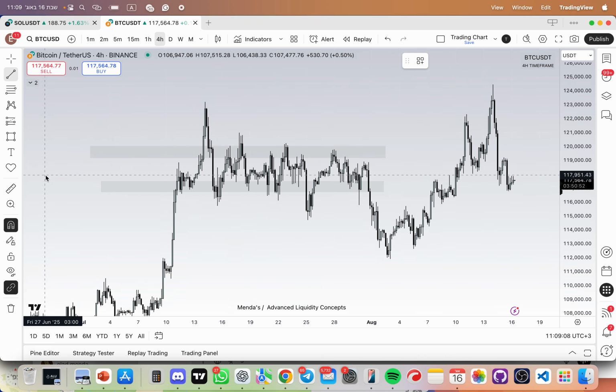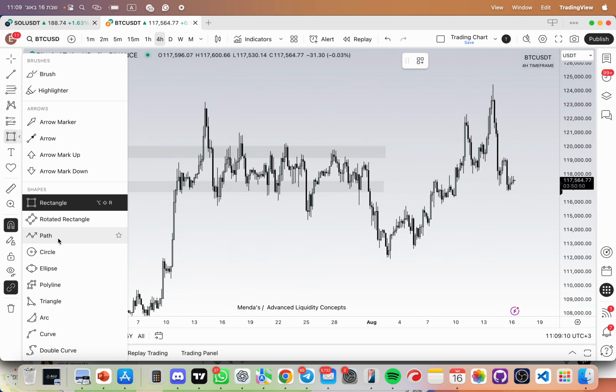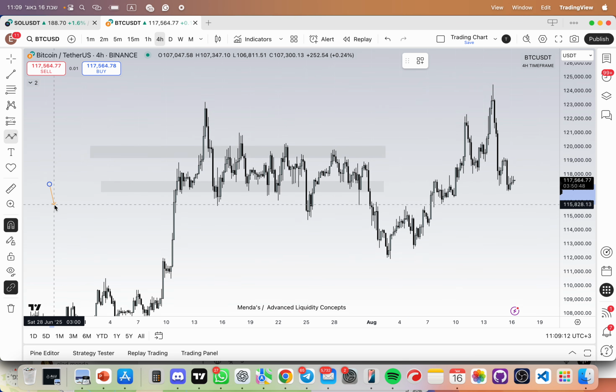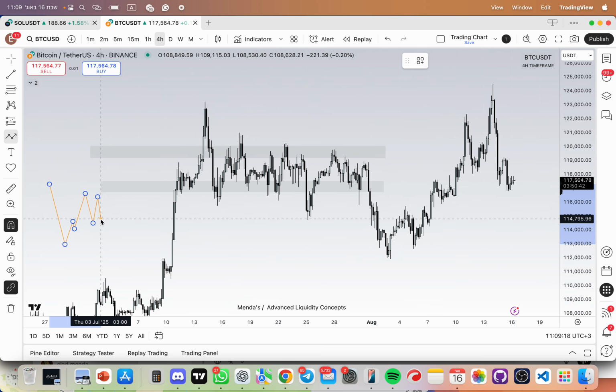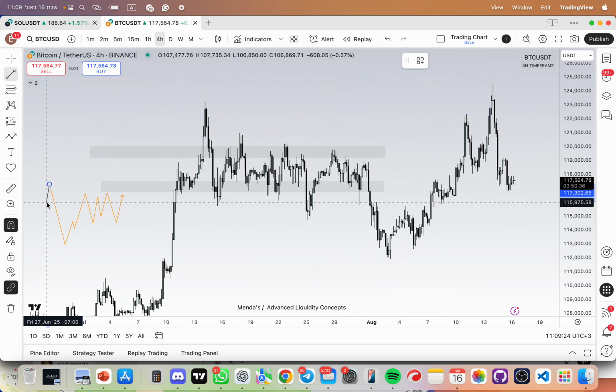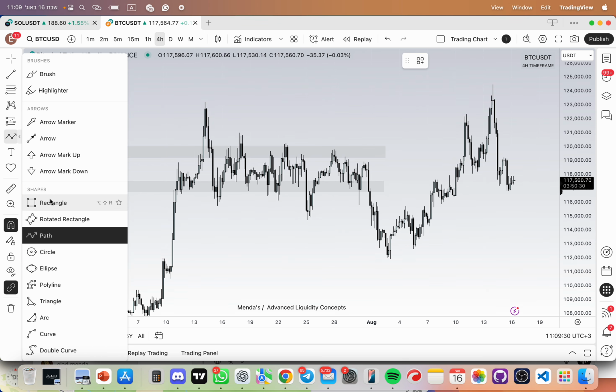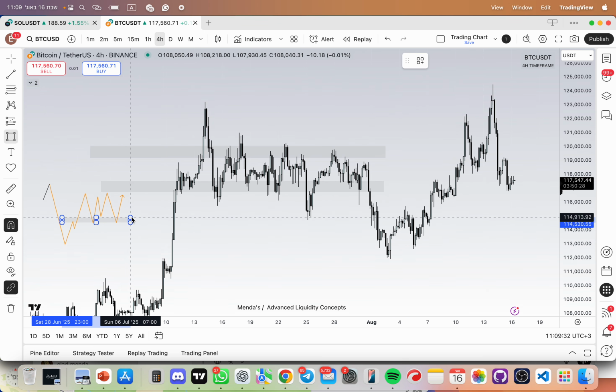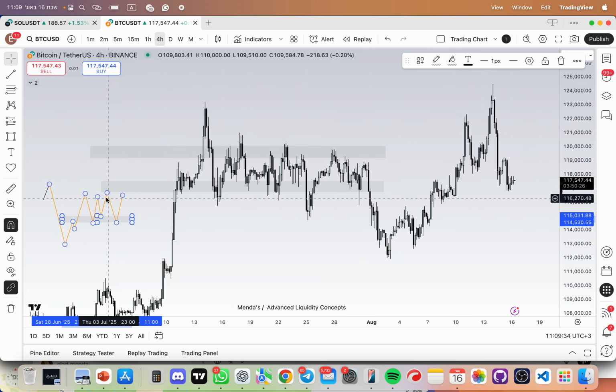This is a pattern that happens a lot: we face a low, we have a high, and we have an SNR area. This is our high, this would be our low, and these would be our support areas. So this would be the support, and this will be the resistance.